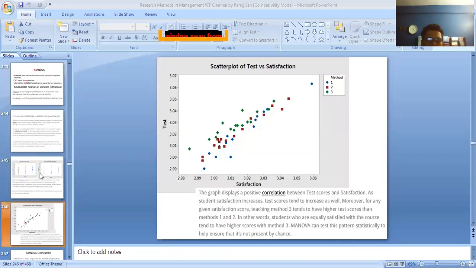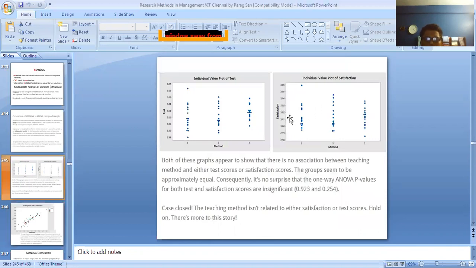Just have a look at this graph. Suppose you draw a line, and you notice the points on the line here, here, and here.